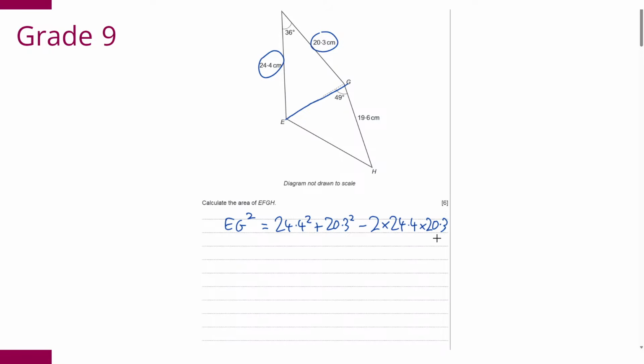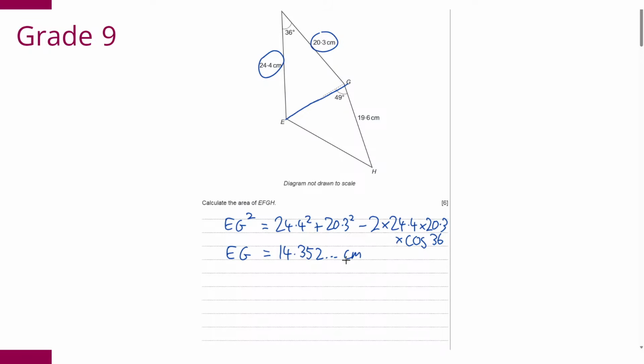And I've run out of room, so I'm going to continue on the next line naughtily. Cos 36, cos the angle, right? And when you do that, you need to square root your answer, and we get... I'm not going to type it in, I'm just going to look up the answer, because I don't want to sit there typing. So 14.352 blah, blah, blah centimetres.